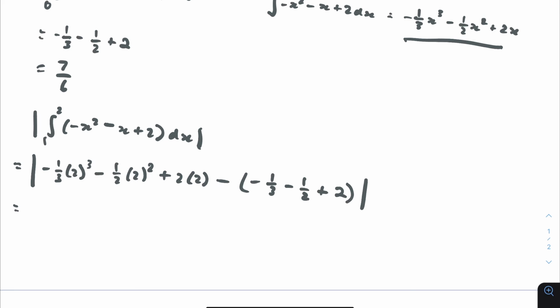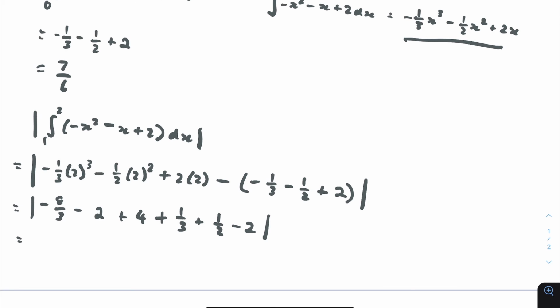Which becomes, in the absolute value, so 2 cubed is 8, so it becomes negative 8 over 3. And then 2 squared is 4, minus 4 over 2, plus 4. And 4 over 2 we know is just 2. And then that's subtracted from, well, it's added to 1 over 3, because 2 negatives make a positive, plus half minus 2, which is equal to, and then we can just use our calculator to input the whole thing.